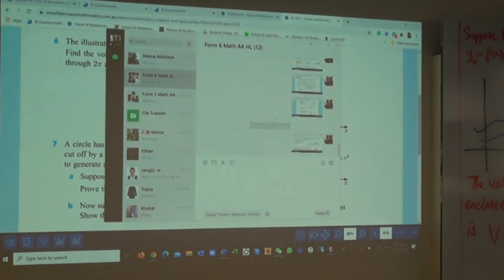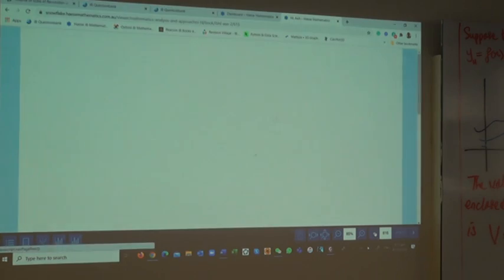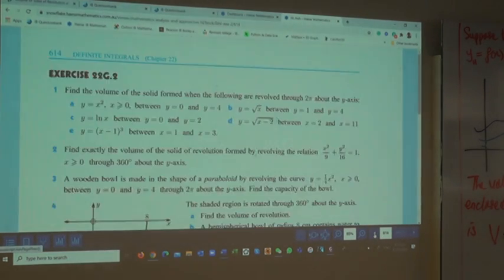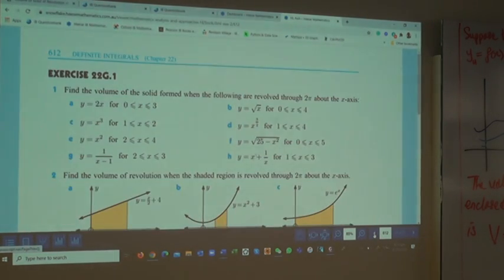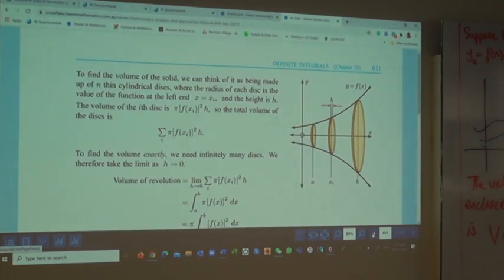You can also do this in the calculator. I will send you the calculator function from the book as well. So when you practice, you check with your calculator, please.